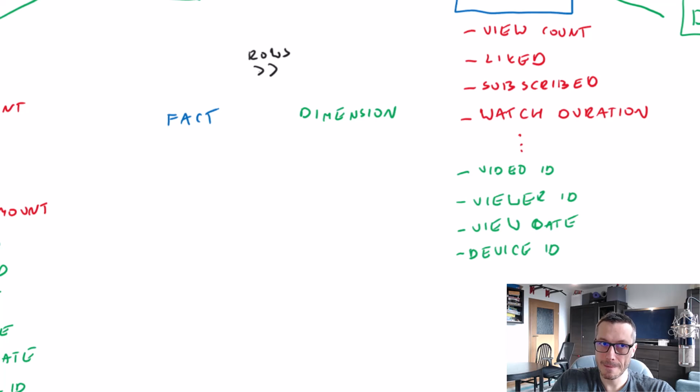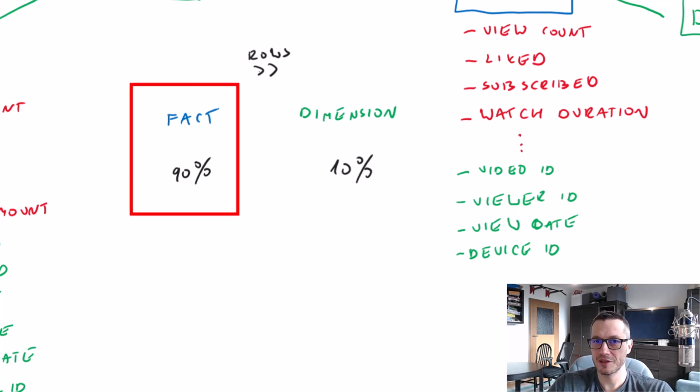And honestly, if you take a look at a data warehouse that employs this dimensional modeling concept, it is not uncommon to see that from data warehouse size point of view, your fact tables will use, let's say, 90% of the whole data warehouse size, while dimensions took only 10%, maybe 20%.